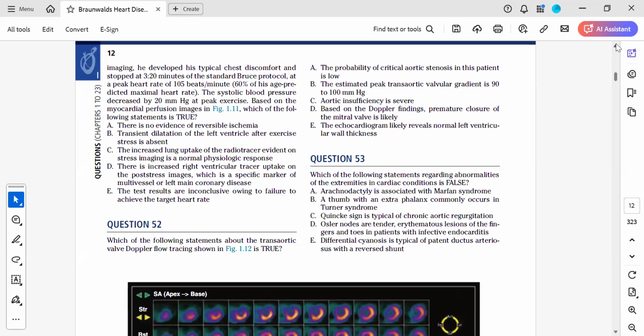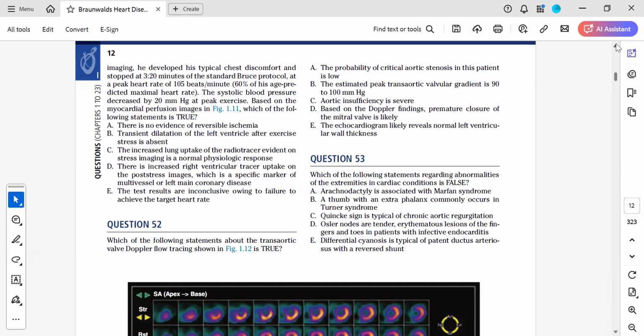Okay. So A, the probability of critical aortic stenosis in this patient is low. We know that using the aortic velocity, the cutoff value is 4 meters per second. Any value above this is suggestive of critical aortic stenosis.